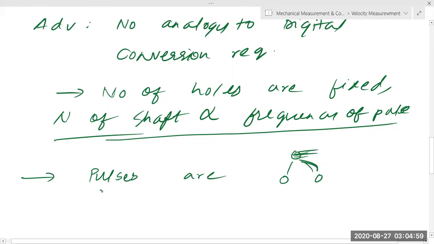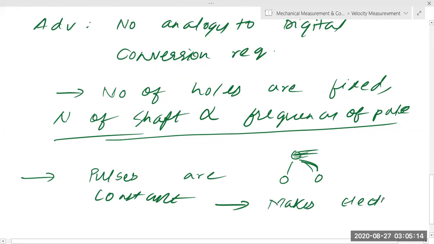So the pulses generated will be constant. If the pulses are constant, you don't have to use any rectifier or diodes. You can directly say that this makes the electronic circuit very simple. Simple electronic circuitry, I'll write.